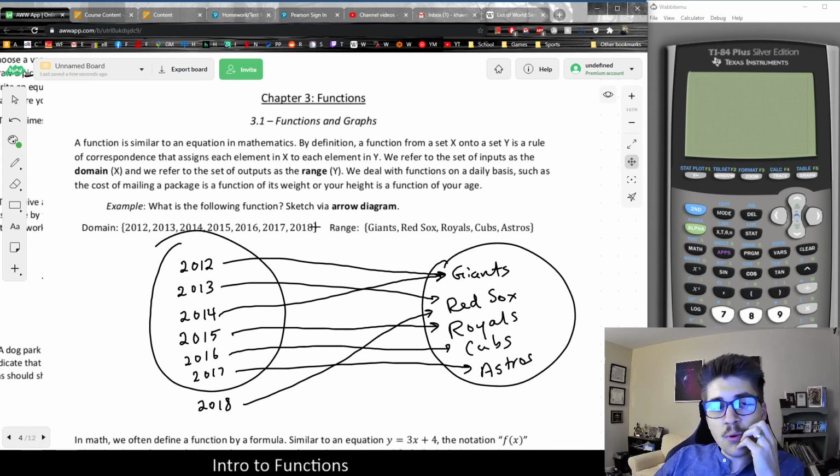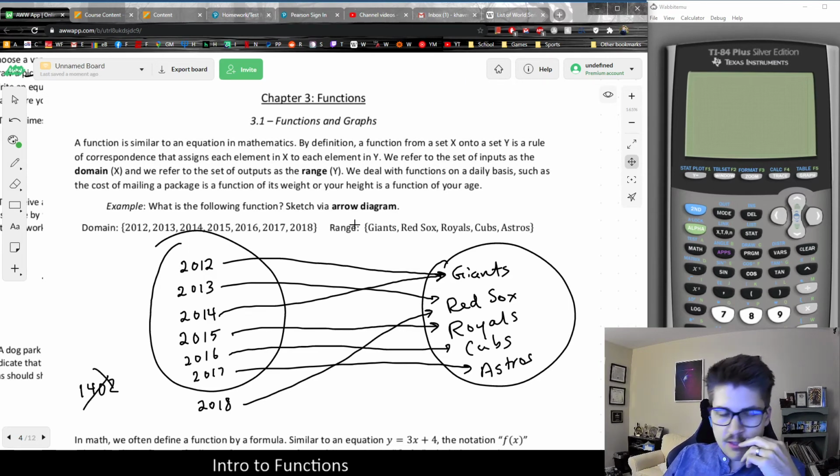Now, the whole point of this illustration was to illustrate a few things that are allowed in a function and things that are not allowed. In a mathematical function, every input has to be what we say well-defined. If there is an input, there has to be an output. For example, one thing that wouldn't make sense for the domain would be 1402.